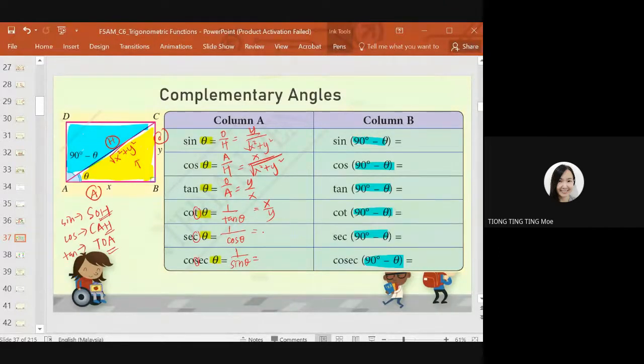Then 1 over cos is also reciprocal: the top is the square root of x squared plus y squared, and the bottom is x. Then cosecant is the reciprocal of sin, so the top is the same and the bottom is y. They are reciprocals. Okay?